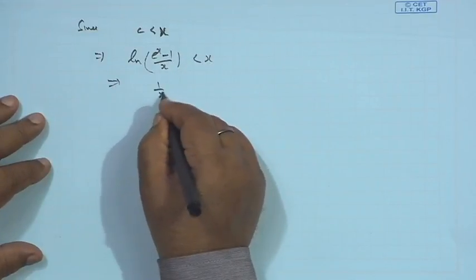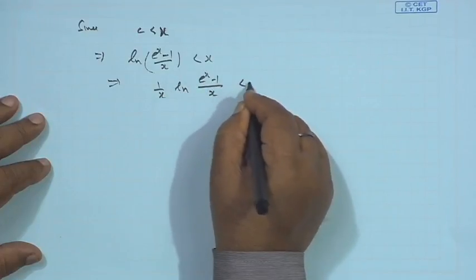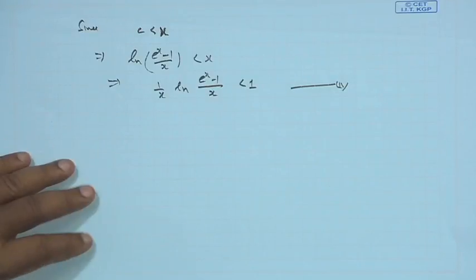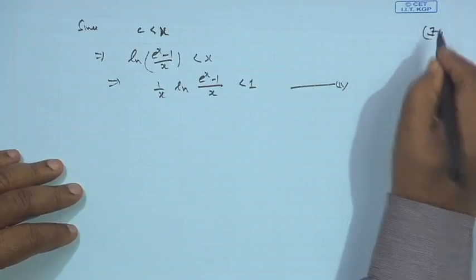Therefore, (1/x) ln((e^x - 1)/x) is strictly less than 1. So, this proves the second part of it, and this completes the result. Okay. So, complete.